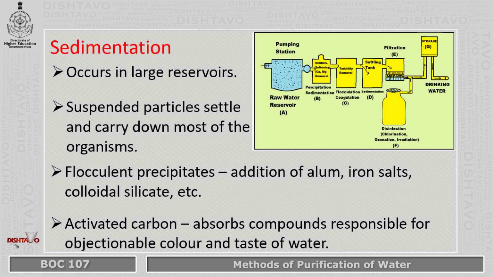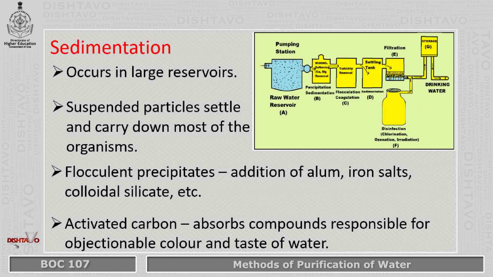Now, this process of sedimentation can be enhanced by using different chemicals such as alum, iron salts, colloidal silicates, etc., which form flocculent precipitates or coagulants.